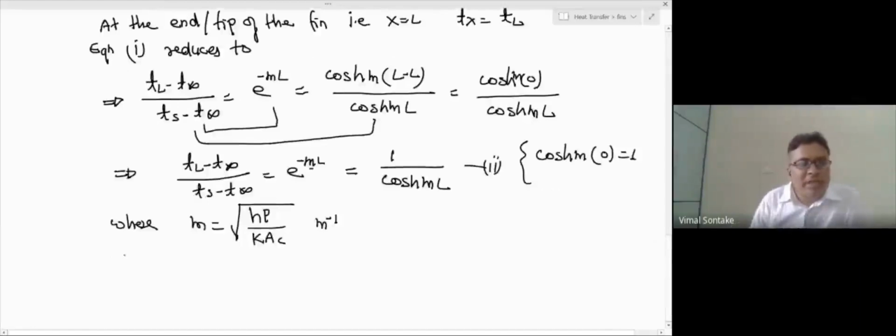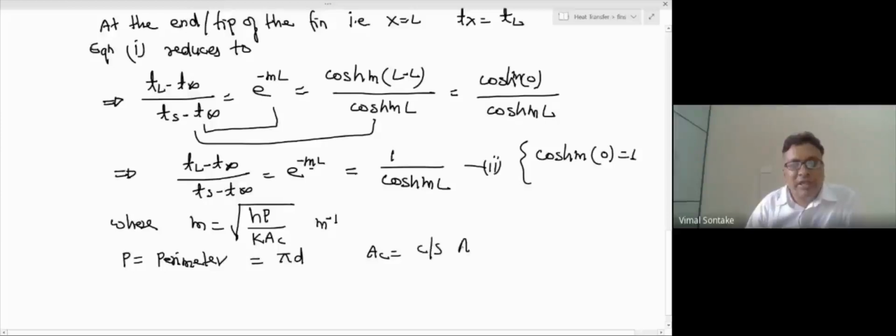So what is P? P is equal to perimeter. For a cylindrical surface, it will be pi d, and Ac is the cross-sectional area. For a cylinder, the cross-sectional area will be pi by 4 d square.